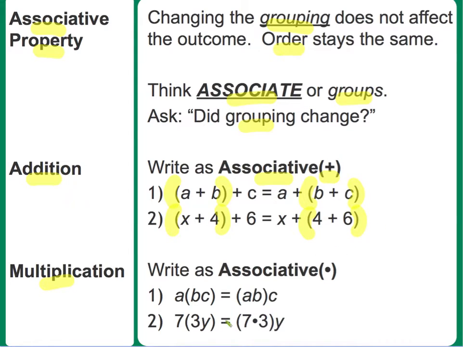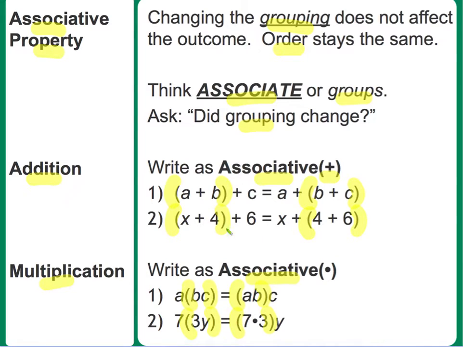It works for multiplication as well. This is known as the associative property of multiplication. Notice for the first expression, the parentheses around B times C is equivalent to having the parentheses around A and B. And in the second one, we have parentheses around 3 and Y, which is equivalent to having the parentheses around the 7 and the 3.